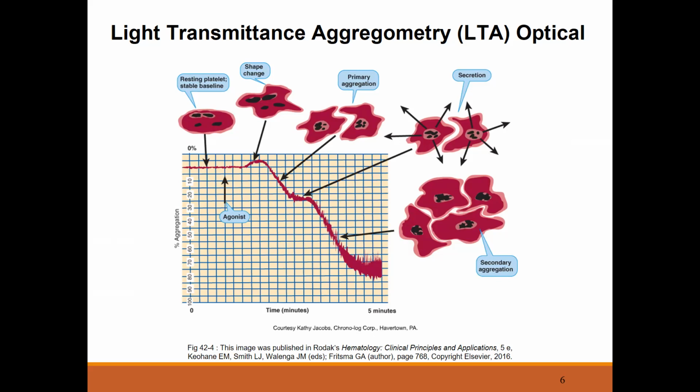The percent aggregation is measured by the amount of light through the test sample. So basically, this is a normal looking curve that you can see in aggregometry. So what you're expecting to see are these 5 phases of platelet aggregometry if the sample is normal. Remember that the agonist has to be added. There are reagent agonists that will trigger aggregation, and they have to be added to our sample.